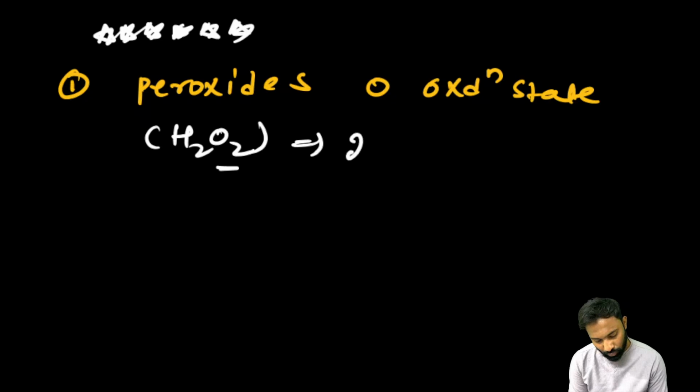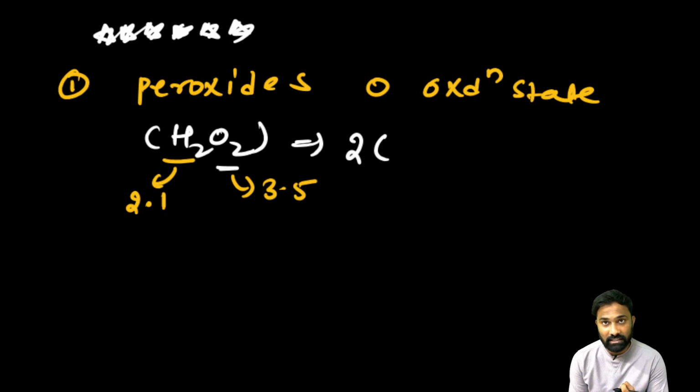Oxygen is more electronegative, 3.5. Hydrogen is less electronegative, 2.1. So oxygen will take the electron, and hydrogen will lose the electron, right? As I already explained, if hydrogen is attached to a more electronegative element, its oxidation state will be +1.